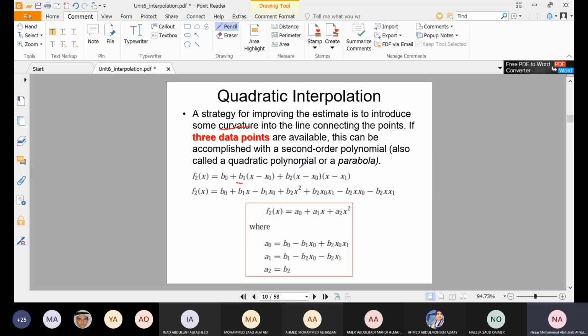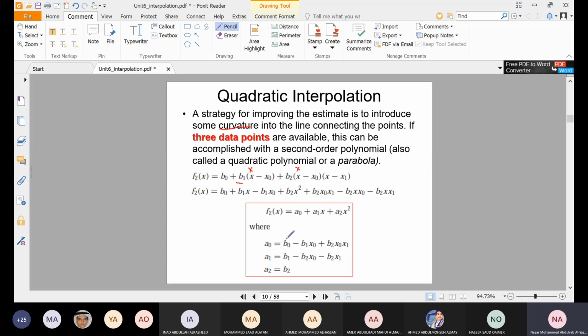Here we need to estimate the value at this point, x. We know the value of x0, and we know the values at x0 and x1. By doing a rearrangement, that means I multiply, for example, b1 inside the brackets, and after that we finalize with this form.